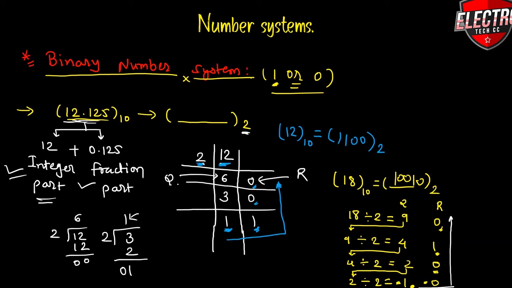So this is the process of converting an integer part into the binary number system. You have to divide the given number by 2, then you get one answer and one remainder.